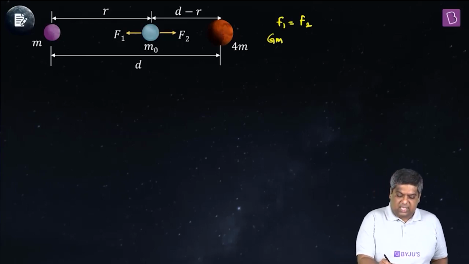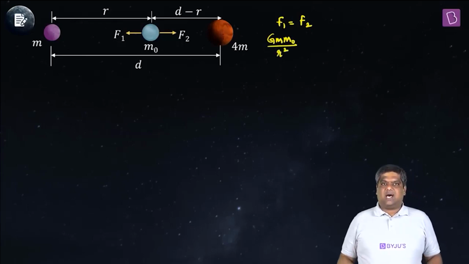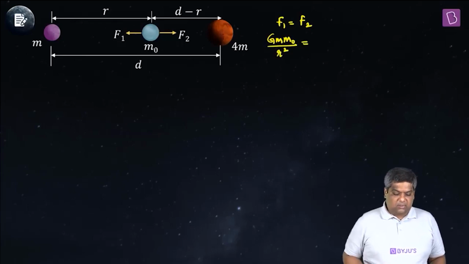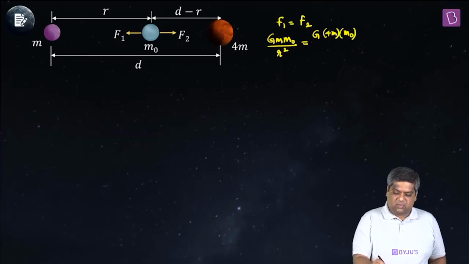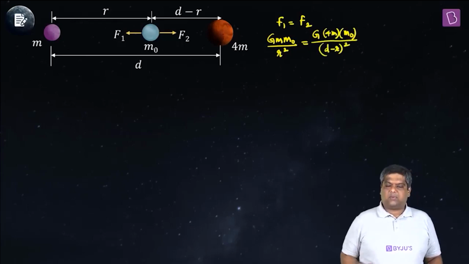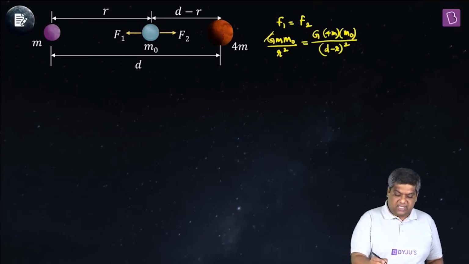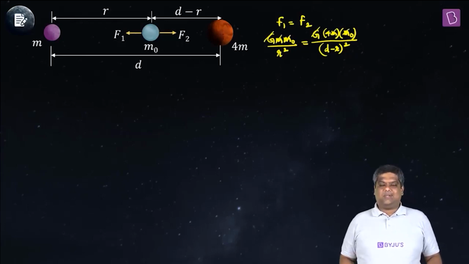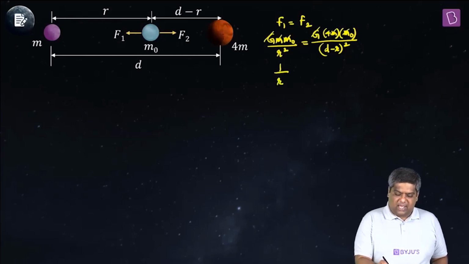So it is G m m0 by distance between them squared, which is r square, equal to F2, the force between 4m and m0. So it will be G 4m m0 divided by d minus r whole square. So G cancels out, m cancels out, m0 cancels out. So I will have 1 by r square is equal to 4 by d minus r whole squared.